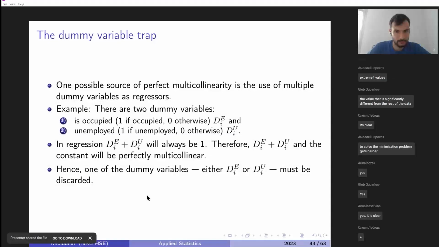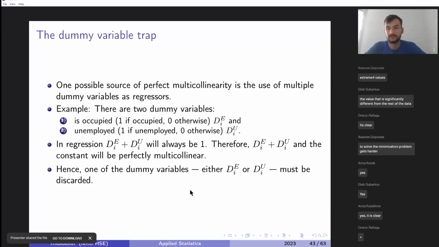And we already talked a bit about the dummy variable trap. So here is the example with walkers.